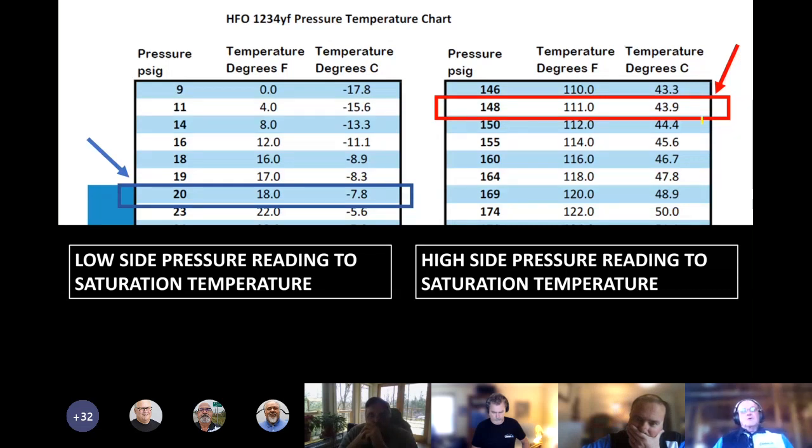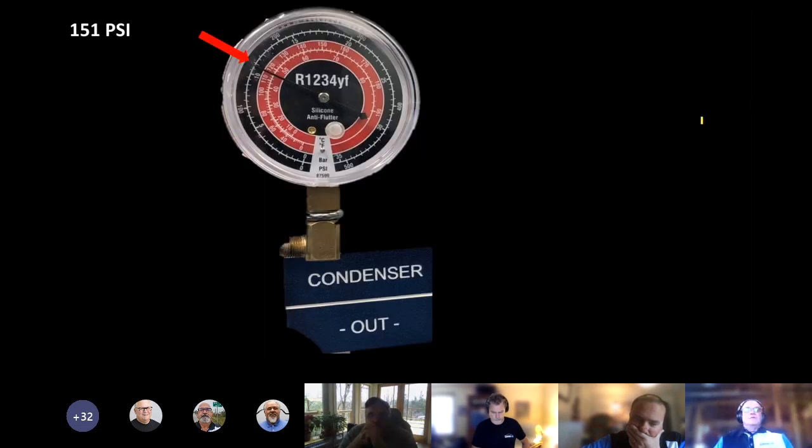So let's just go through a live scenario here. We took screenshots of everything we did yesterday. Here we're hooked up looking at the high side gauge of our 1234YF system, and the needle is pointing to about 151 pounds. Now we could use the chart on the gauge to equate the saturation temperature, but it's not as accurate as using the chart.